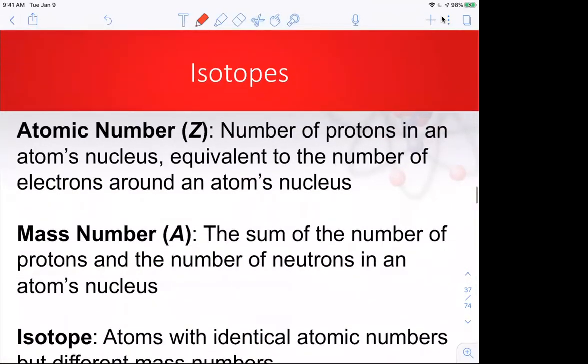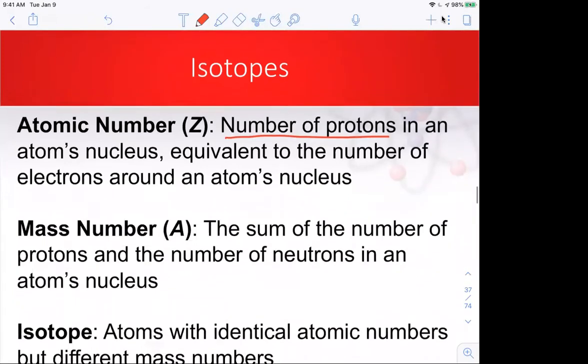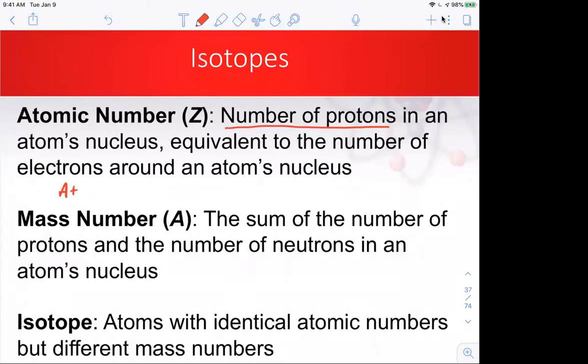Okay, let's look at something called an isotope. Remember, my atomic number is the number of protons. Now, because atoms are neutral, unless they lose electrons to form ions, but generally, atoms are going to be neutral, the number of protons has to equal the number of electrons in order to get a 0 charge.